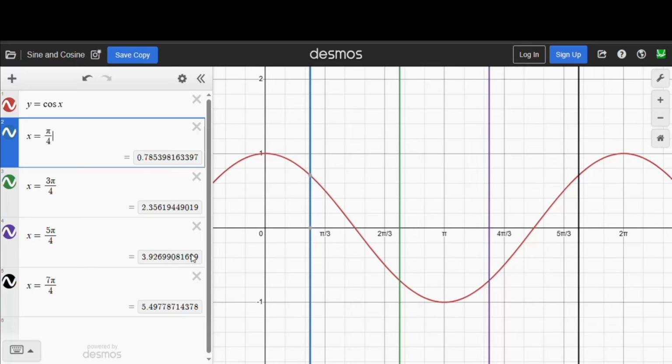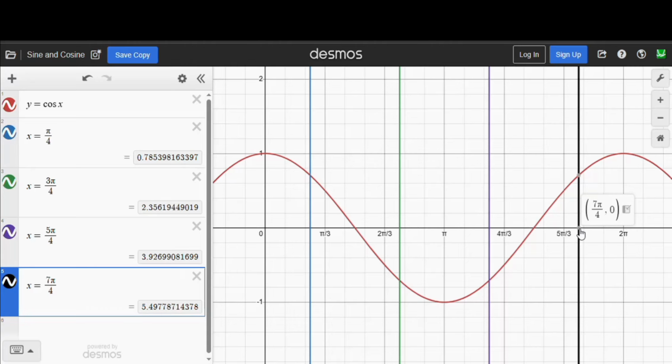Then we check its counterpart in quadrant 4. X equals 7 pi over 4, the black line. The value checks out on the x-axis. Then its point on the wave function. The y value matches with what we expected. Nice.